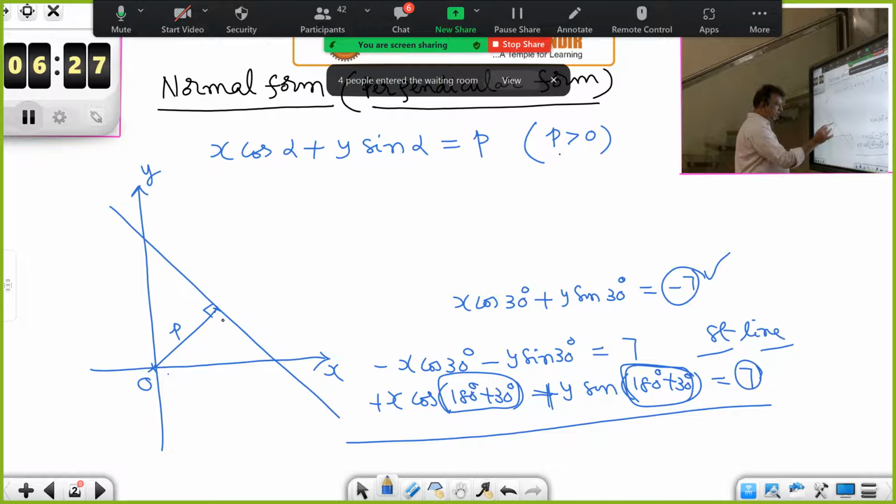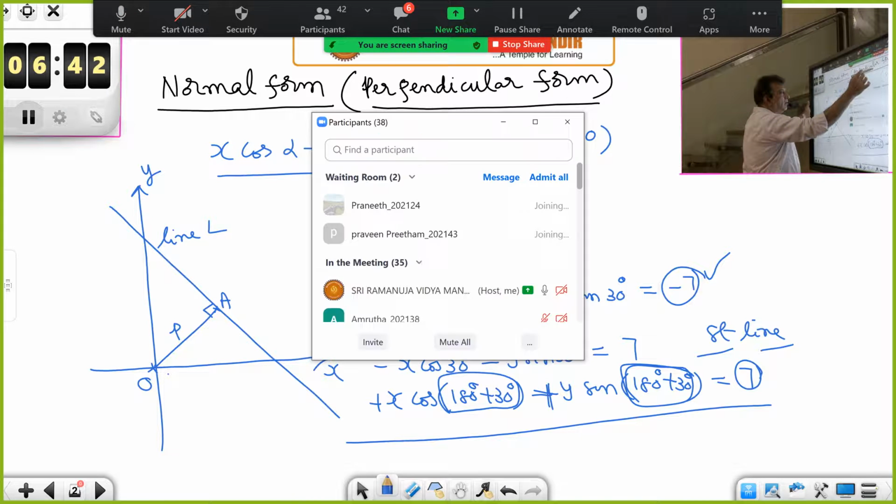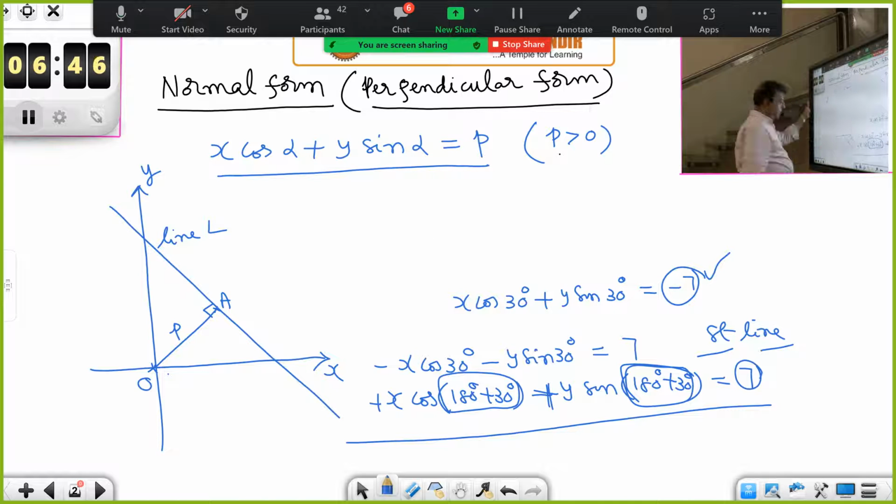And suppose this point is A, the foot of the perpendicular is A. Alpha is the inclination of what? Line L or what? In the equation, normal form, alpha is what? Come on. It is the inclination of which line?